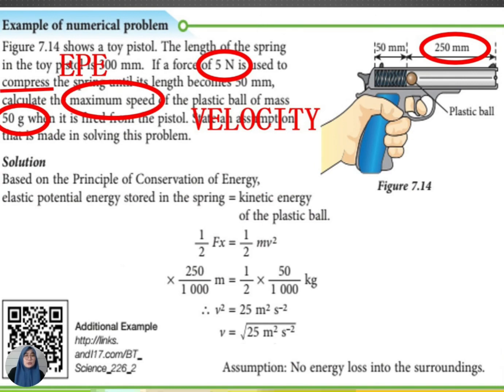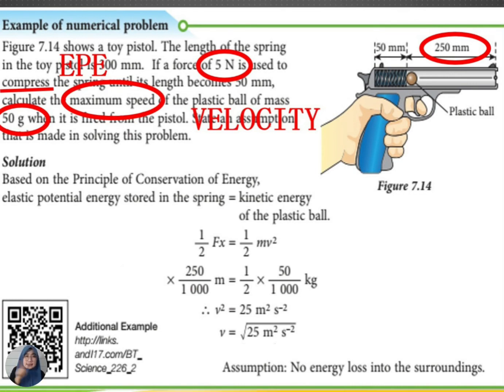So, an example of a numerical problem from your textbook, page 226. You can see here, read the question. Figure 7.14 shows a toy pistol. The length of the spring in the toy pistol is 300 millimeter. If a force of 5 Newton is used to compress it, remember, compress, that is referred to the elastic potential energy.